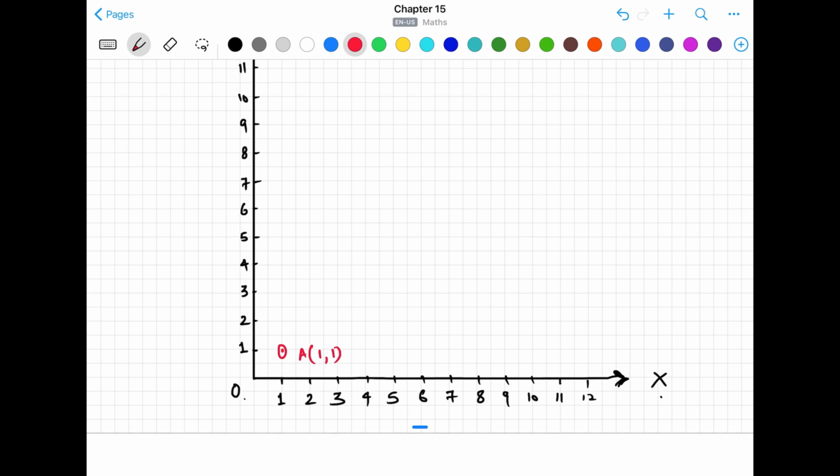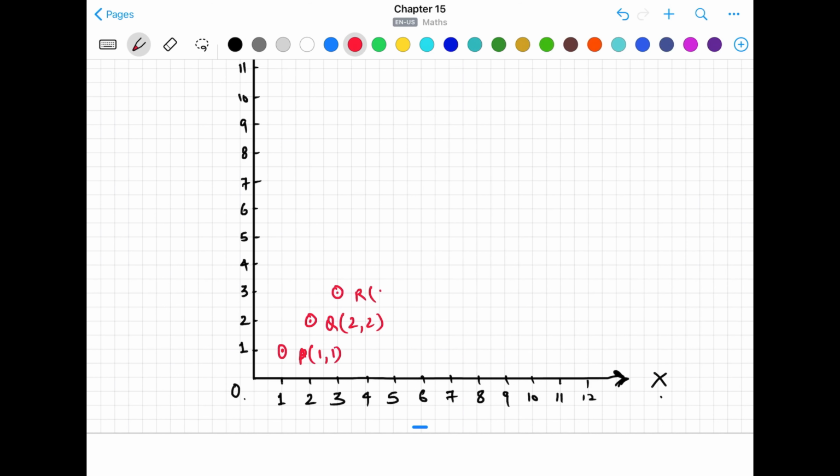Second point Q is x 2 and y 2. So that means Q will be here, so this is P, this one is Q, which is 2 and 2. Third point is R, which is x 3 and y 3, so that will be here.